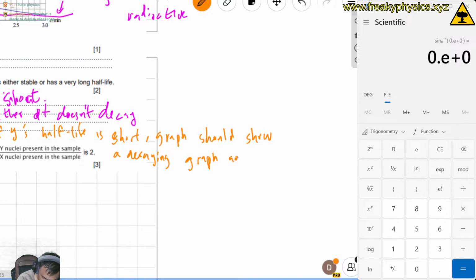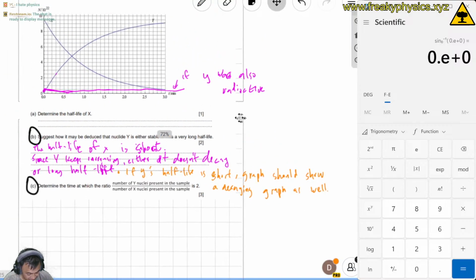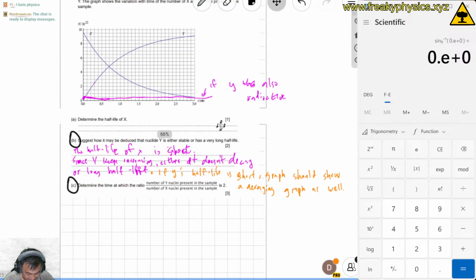And can we find the half-life of Y? At this point, no, we cannot. We need to graph Y's decay curve separately from X. That's what it's saying here. I know this is tricky because you don't really see this problem.